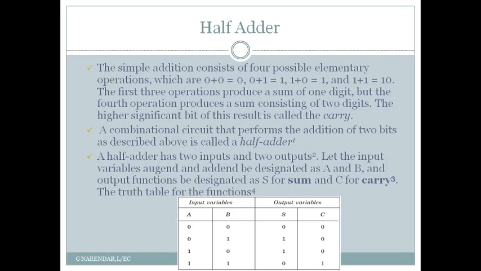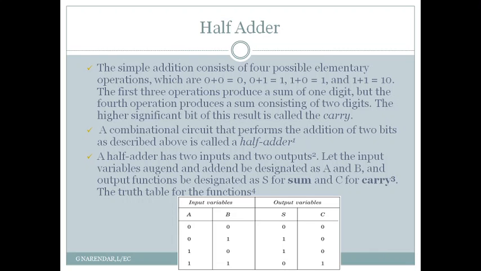Digital systems always operate on binary digits or bits, that is 0 and 1. So the addition circuit that we want to implement should perform addition of these two bits.